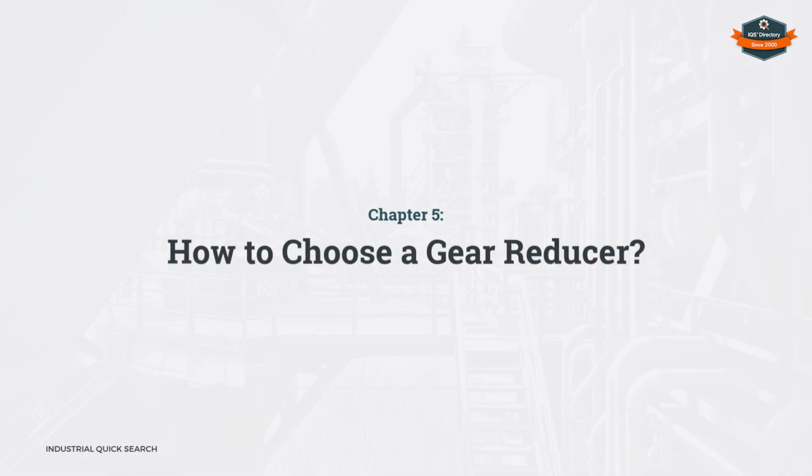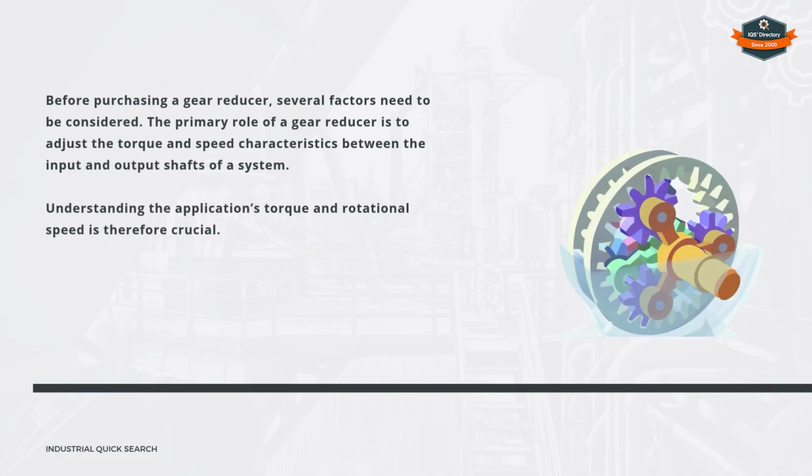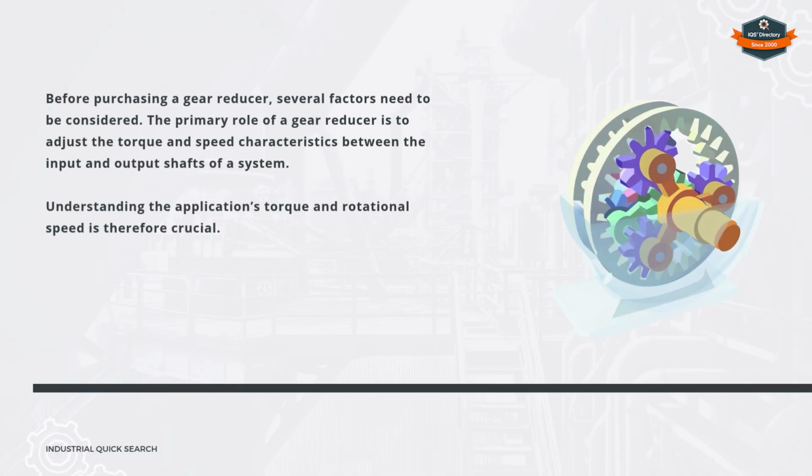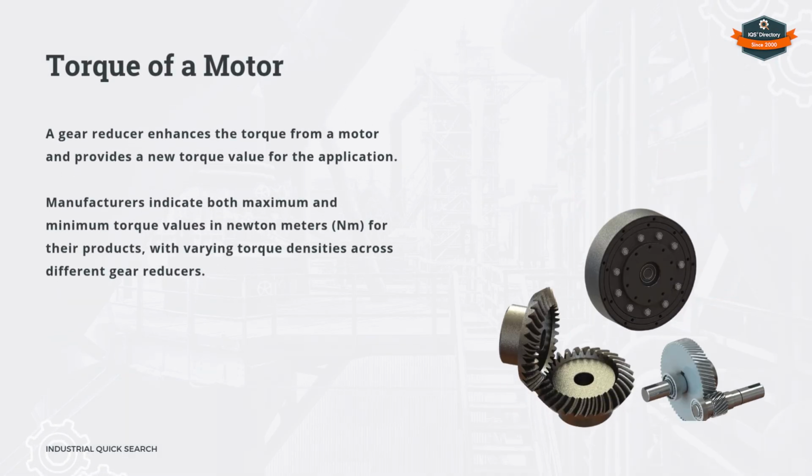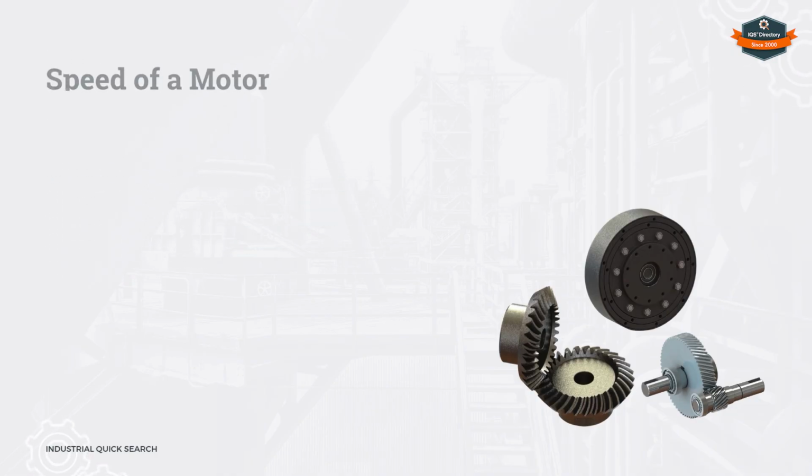Chapter 5. How to choose a gear reducer. Torque of a motor. Speed of a motor.